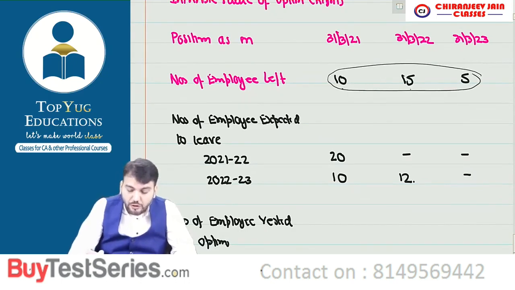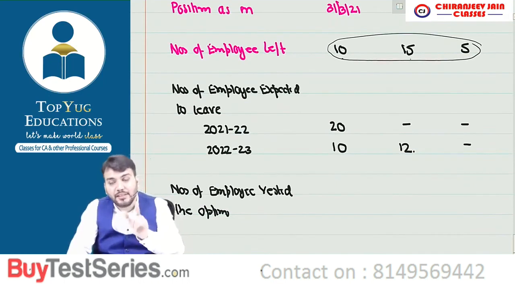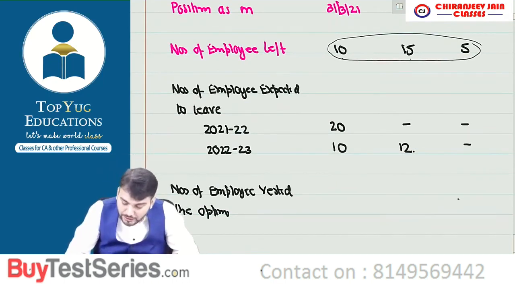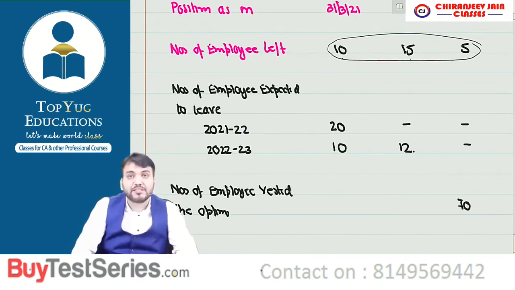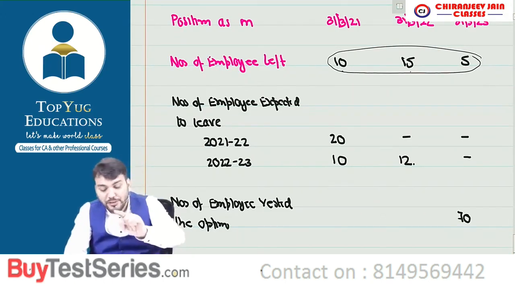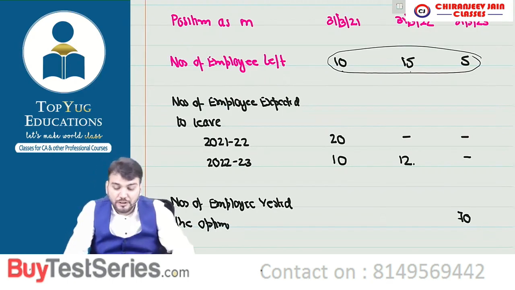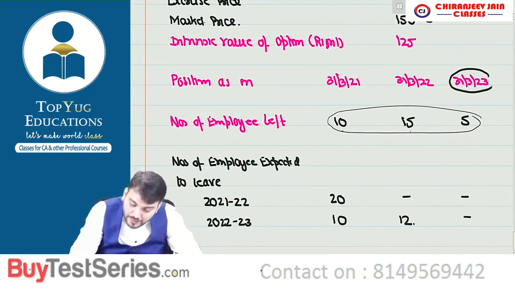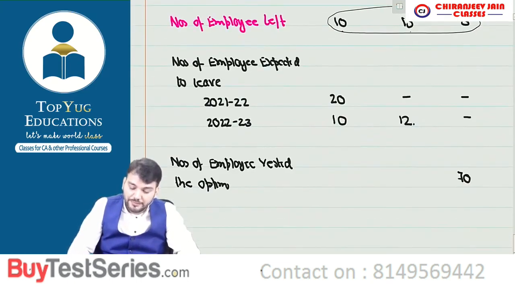Correct ना. तो how many employee, 30 means 70 employee. तो 70 employee vested the options. Correct. तो actual number of employee who left is what? 10, 15, 5, 30. 100 में से 30 गया. 70 employee has already vested the option on vesting day. तो again this is vesting day. This is vesting day. Correct.